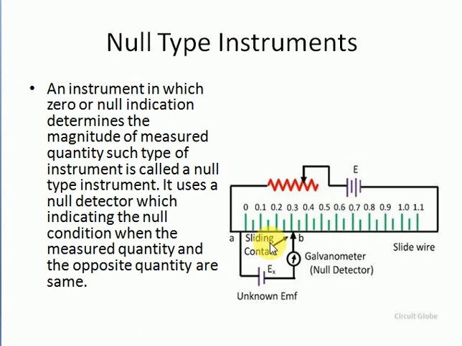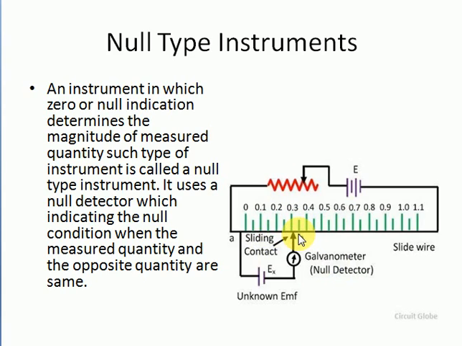In that kind of instrument, the basic method is to compare the measured value with the standard value and then notice the balance condition, okay? An example of that kind of instrument is the potentiometer with the galvanometer.